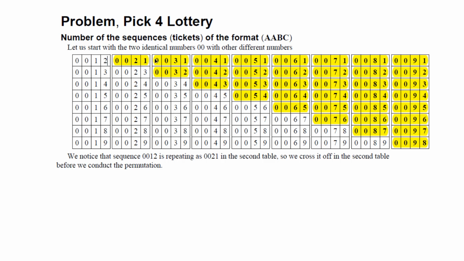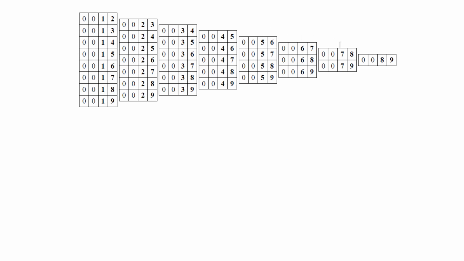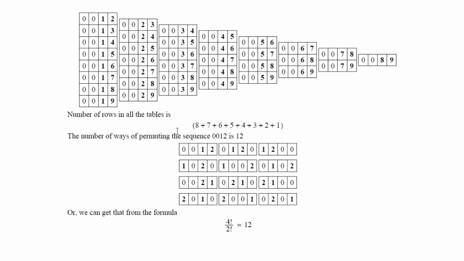So for this reason we have to cross off all these highlighted tickets before we permute them, and we end up with these tickets. They are ready for permutation, and their number is: the first table has 8 tickets, the second table has 7, the third has 6. We add them together and we get the total number of tickets for the case of 0, 0.